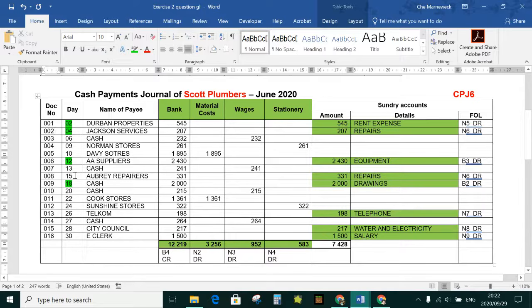So there's also this one. Telephone is on the 26th. Okay, so sundry, specific day. It's 545 Rand for rent expense on the 2nd, and it's going on the debit side.